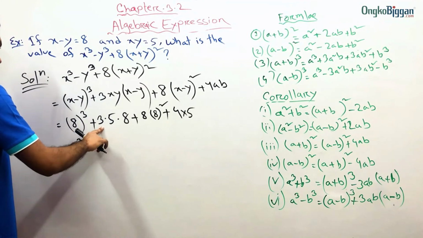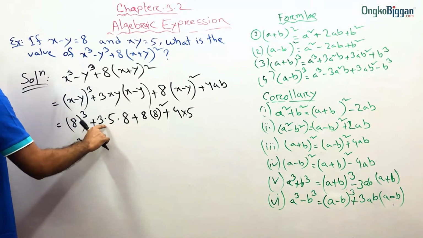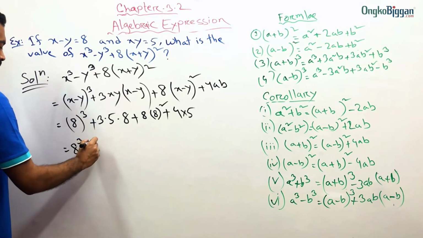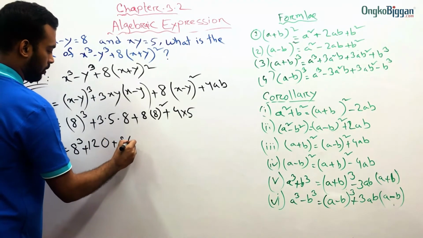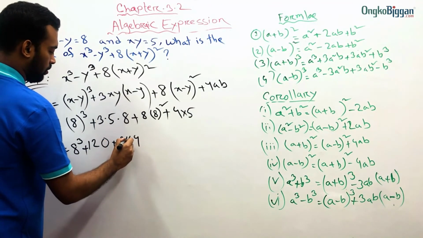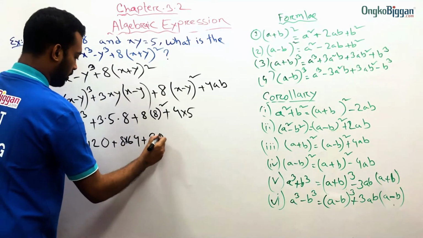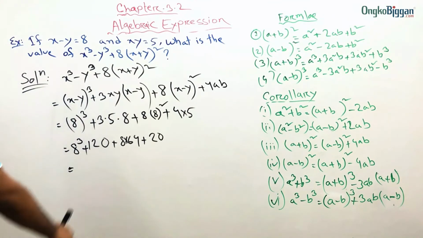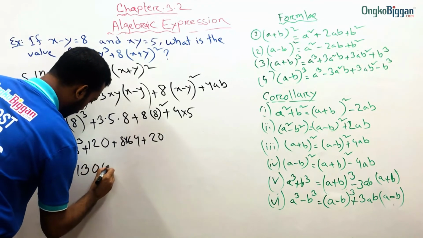This would be 5 into 8, which is 40, into 3, that's 120, plus 8 into 64, that's 512, plus 64, plus 20. So if you do the calculation, if you just put this in your calculator, you'll get 1304.